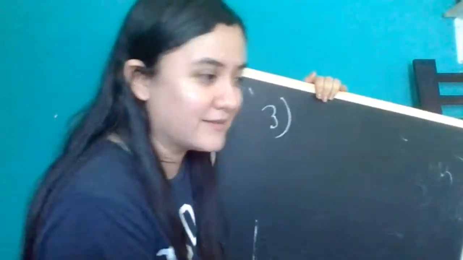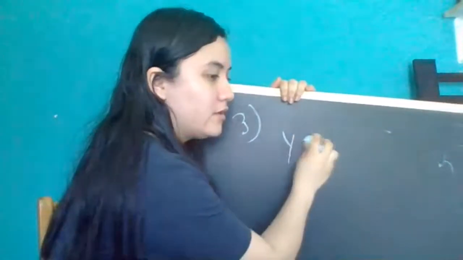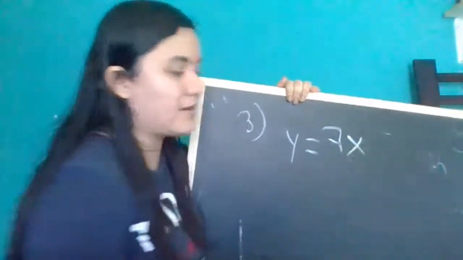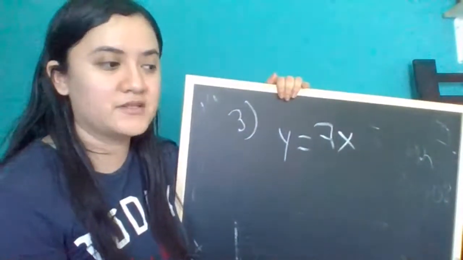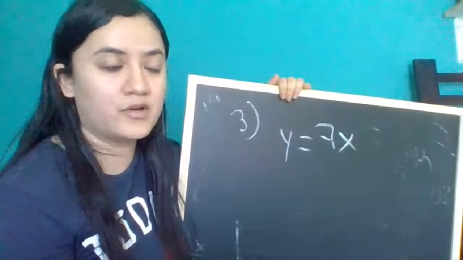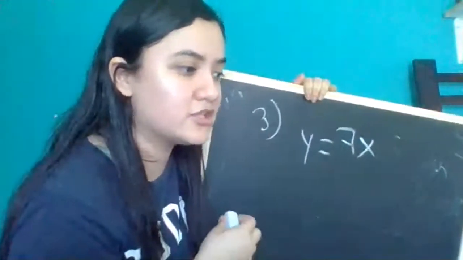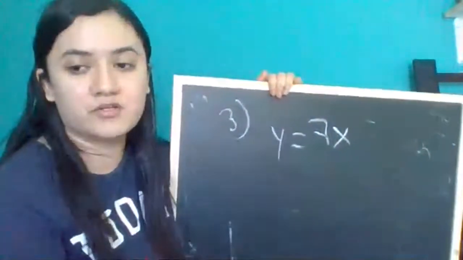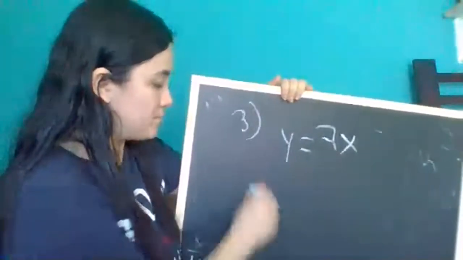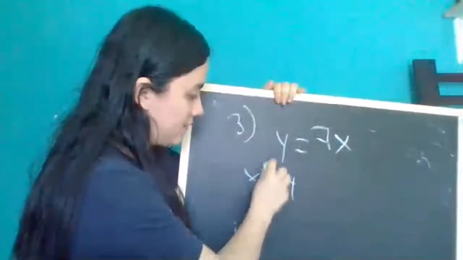Now, y equals 7x. The difference here, we already did addition, subtraction, and now we're going to do multiplication. We have x and we have y.